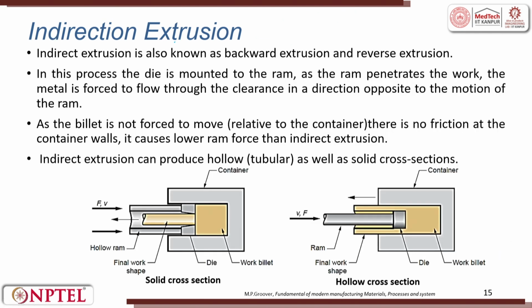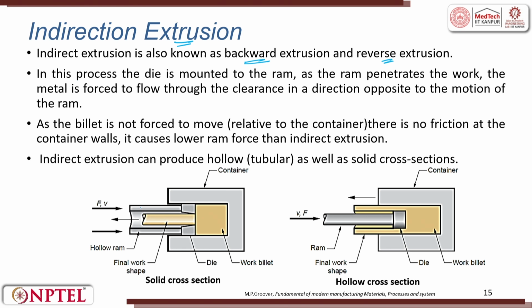Let us now look into indirect extrusion. Indirect extrusion is otherwise called backward extrusion or reverse extrusion. Forward, reverse, forward, backward, direct, indirect. Please understand the analogy of these process names. In this process, the die is mounted to the ram.